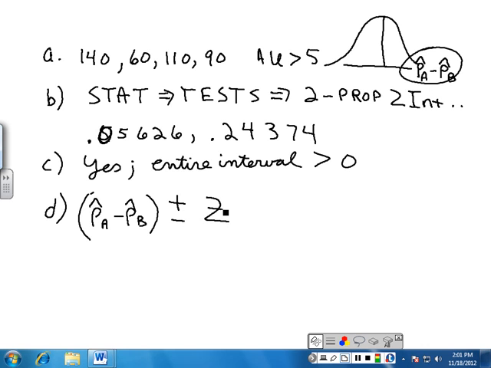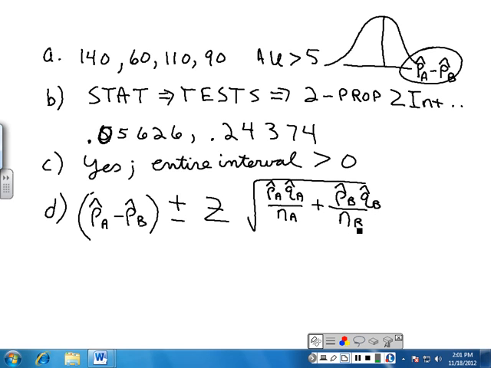Proportions always use z-values. And then for the confidence interval, p hat A q hat A over NA plus p hat B q hat B over NB. So we'll need to get those sample proportions.